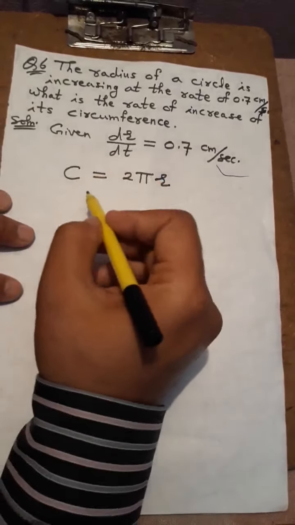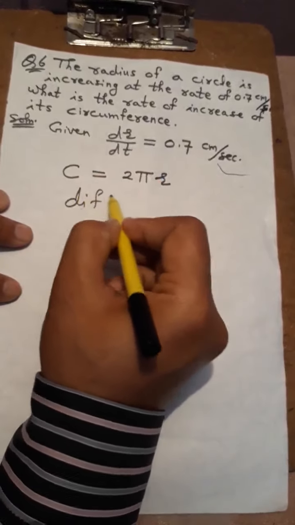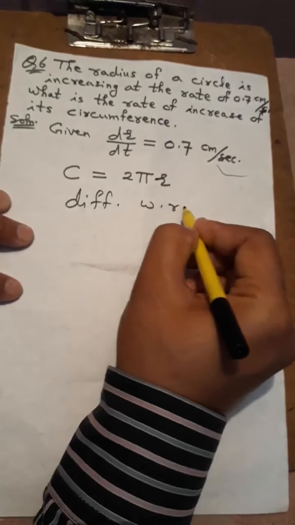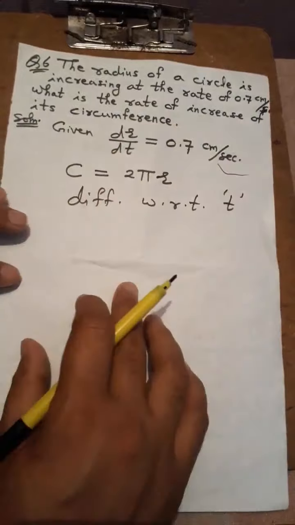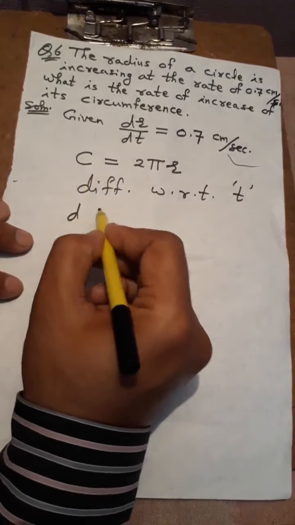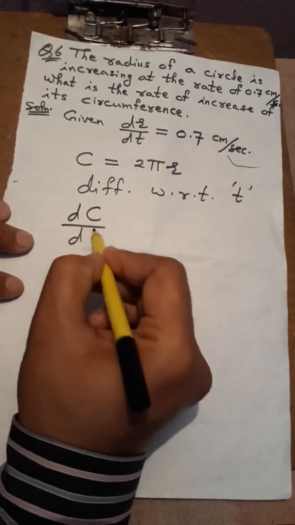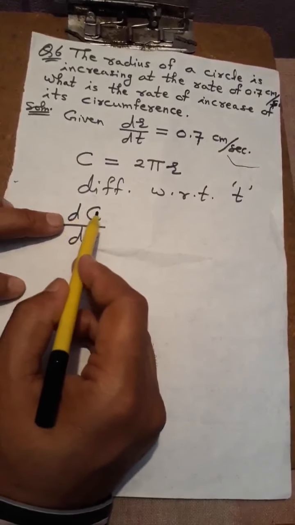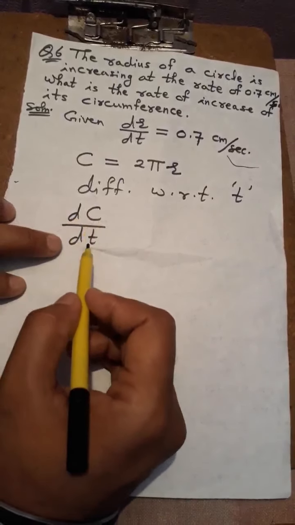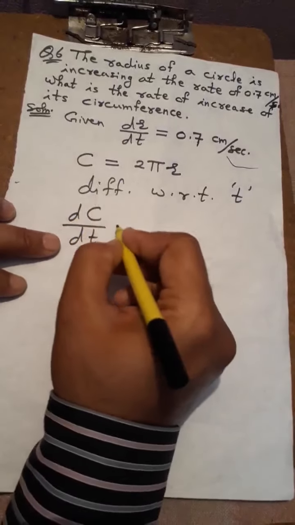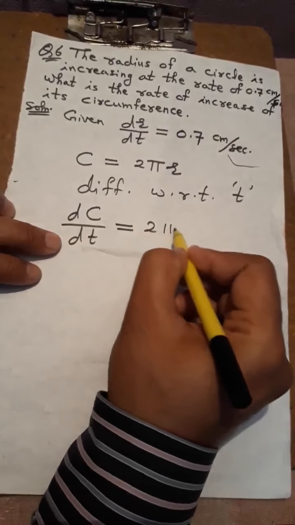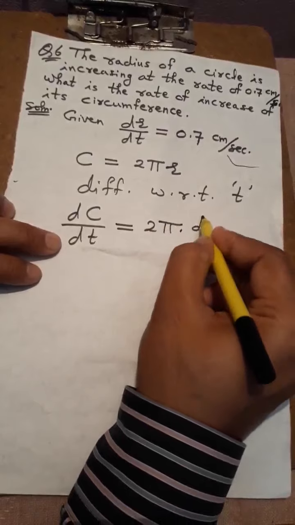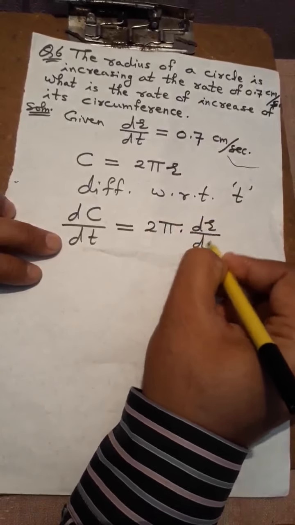Now differentiate both sides with respect to time t. So we get dC over dt, that is the rate of change of circumference with respect to time t, equal to 2 pi into dr over dt.